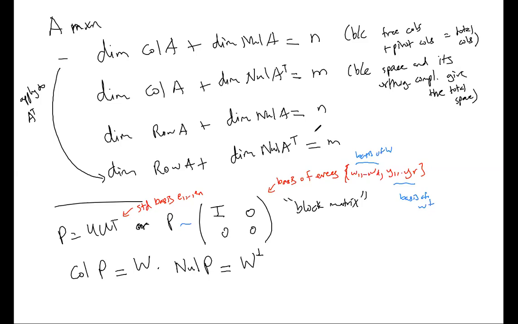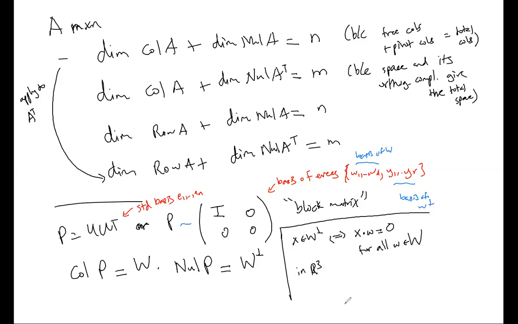Is that correct? The row space of A plus dimension. No, okay. Can you give a quick definition of orthogonal complement? Yeah, that's everything orthogonal to your space. X is in W perp if and only if X dot w equals 0 for all w in W. So maybe in R3, for example, W could be a single line.